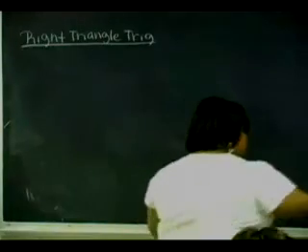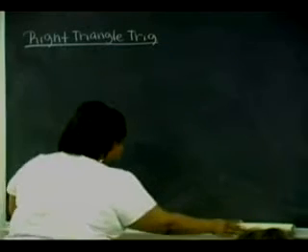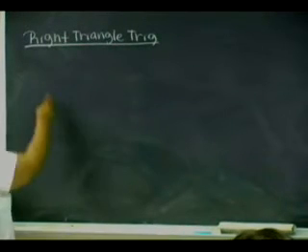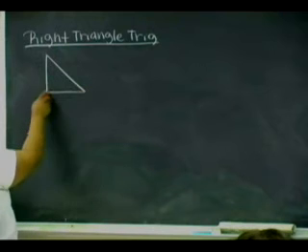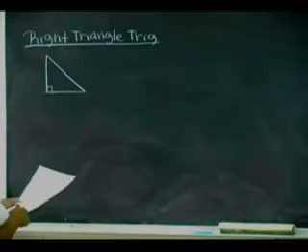So, what do we know about a right triangle? What does the word right triangle mean? Anybody know? Yes. It has a 90-degree angle. That's what that square means. That angle is 90 degrees.